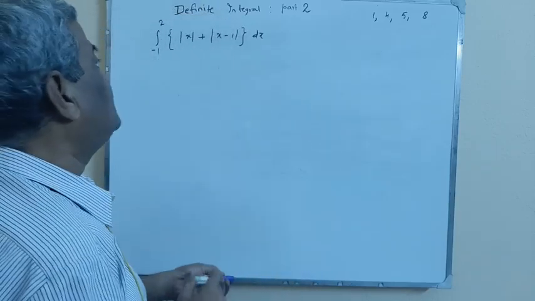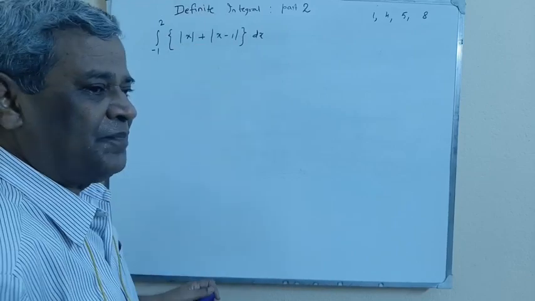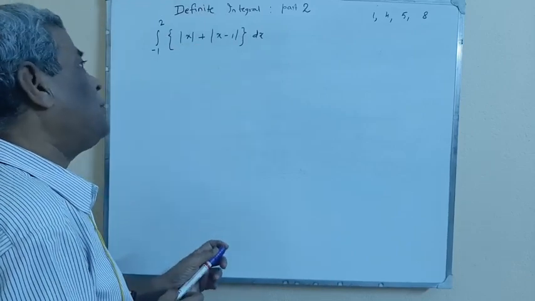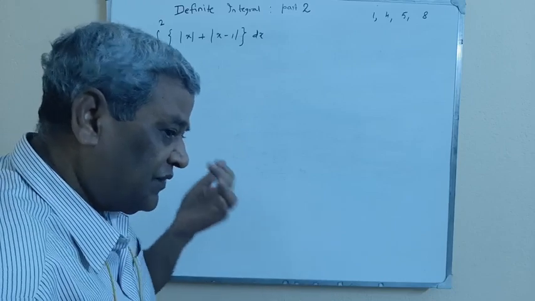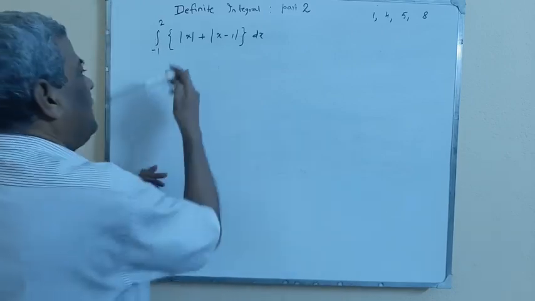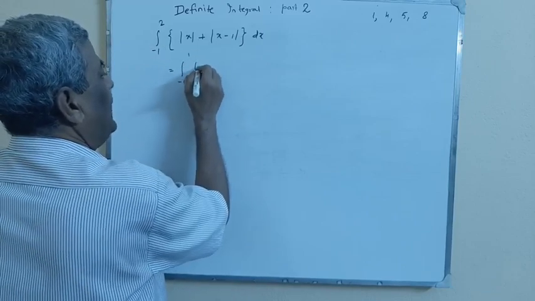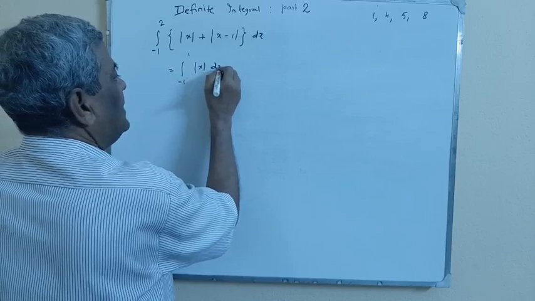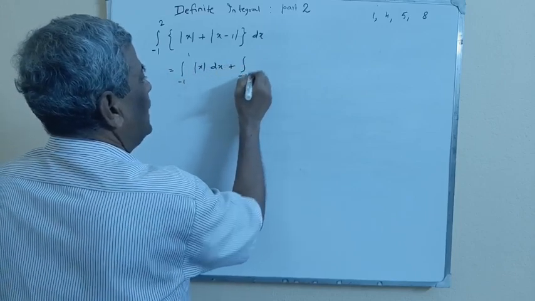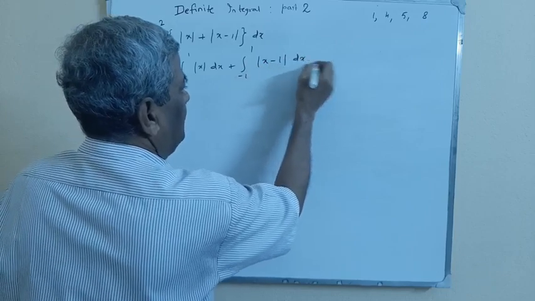This is a problem of integration, but the integrands are mod functions. We have to remove the mod function first, then integrate with the usual procedure. For that purpose, I can write it as the integral from -1 to 2 of mod x dx plus the integral from -1 to 2 of mod of x minus 1 dx.